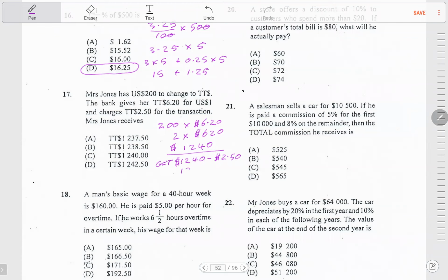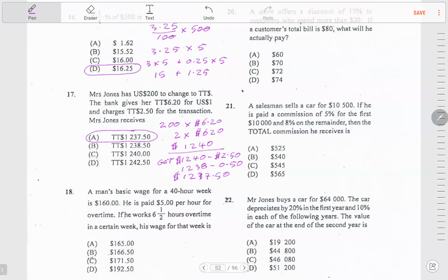It is 1238 minus 0.5, and then she gives 50 cents more, so it's 1237.50. Remember, you can't use a calculator, so you have to work it down. The answer is A. She exchanges the money first, and then out of the 1240 that she gets, she has to pay $2.50.